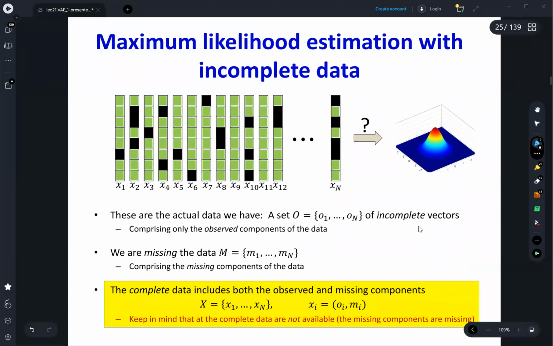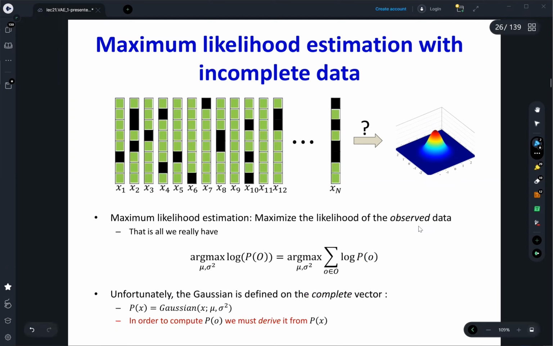So the complete data that you would want, if you wanted to compute the probability distribution using your Gaussian, which is defined on the complete vector, is going to be the union of the observed components and the missing components, except the missing components are not present.